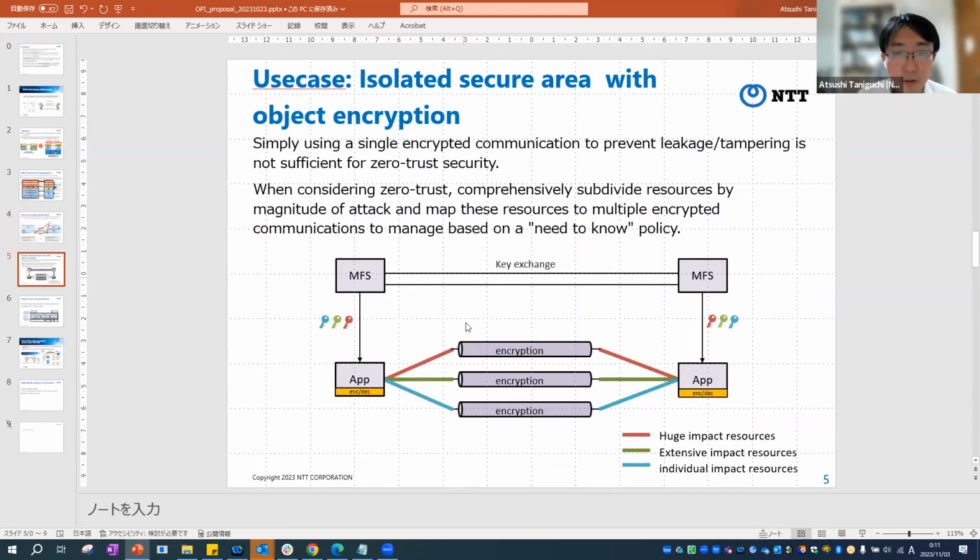Another example: recently in the security field, zero trust security is important. In the application there are many resources: high impact resources, extensive impact resources, individual impact resources. We would like to isolate these resources, so we need to encrypt the data on a resource basis.